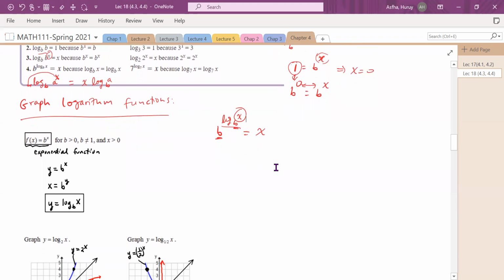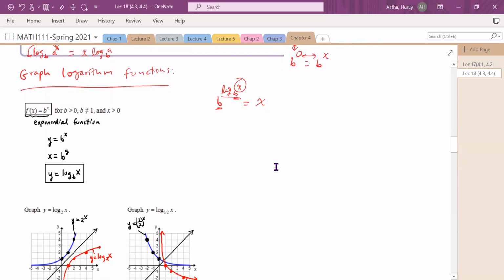All right. Now the next is looking at the graphs of logarithmic functions. Let's start with the one that we know already, the graphs of exponential functions, because we said these logarithmic functions are inverses of exponential functions.